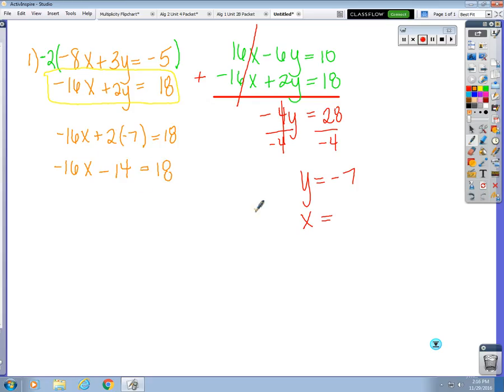Now to solve for x, what do I need to do on both sides? Add 14, add 14. So negative 16x equals 32. And now what do I do? So x equals negative 2.